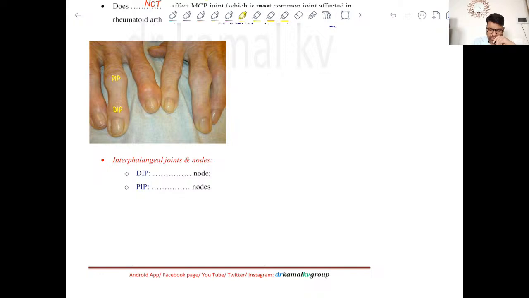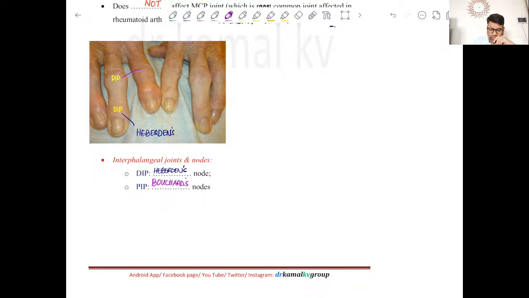In case of DIP, these nodes are known as Heberden's nodes. Whereas in case of PIP, they are known as Bouchard's nodes.